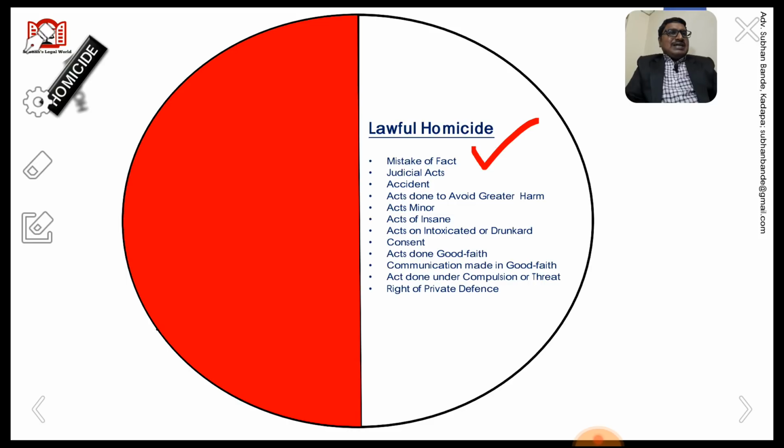If a person causes the death of another person because of the judicial acts, it is not said to be an unlawful homicide. It is not punishable. All lawful homicides are not punishable. They are the exceptions for punishment to the offense of homicide.